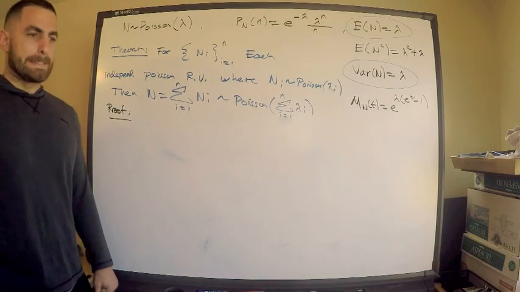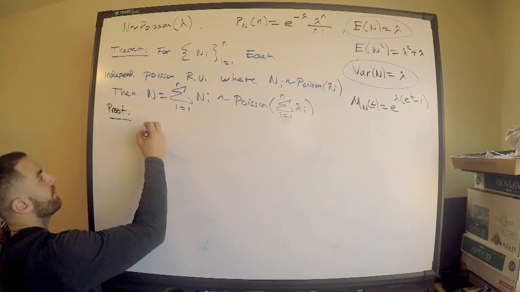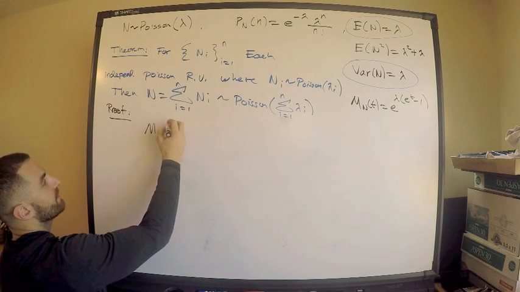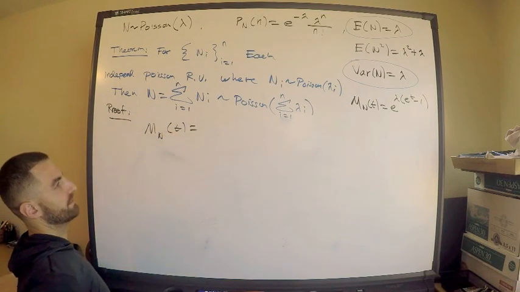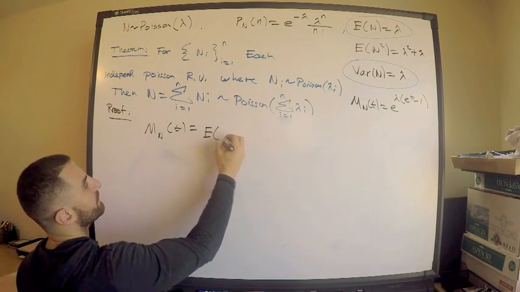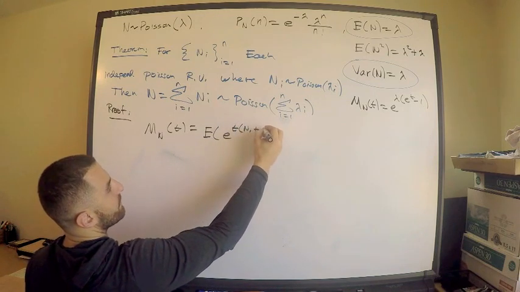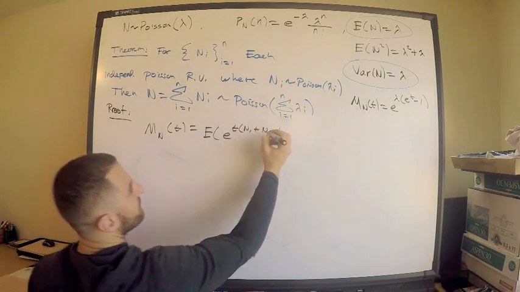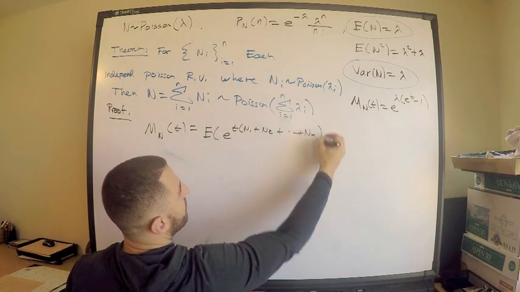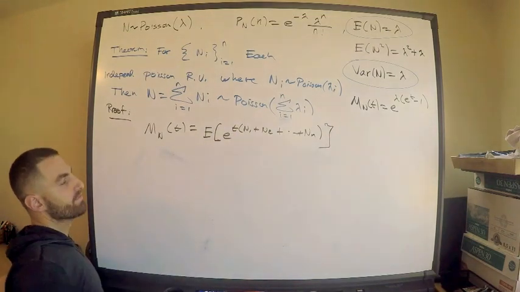Okay, so let's just jump right to it. It's not too bad, actually. So what do we have here? The moment generating function of capital N, by definition, is equal to the expected value of e to the t times (N_1 plus N_2 plus ... plus N_n).